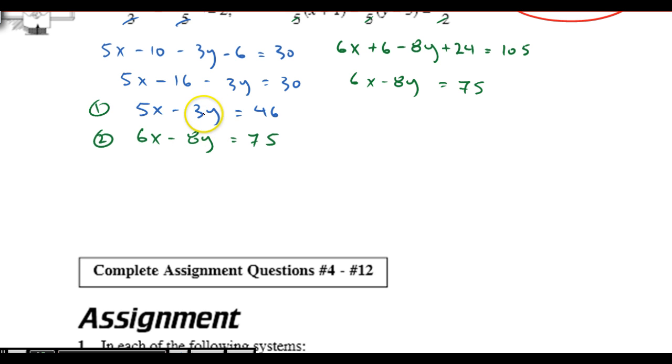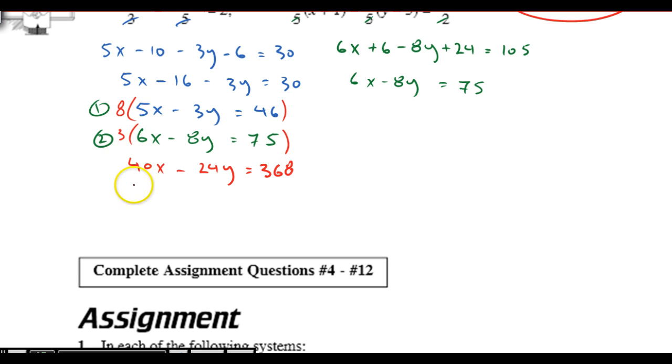But let's go ahead and do that. So how do I get the 3 to 24? I'll multiply that by 8 and multiply the bottom by 3, and now it's going to be 40x minus 24y equals 8 times 40 is 320, 8 times 6 is 48, so 368.